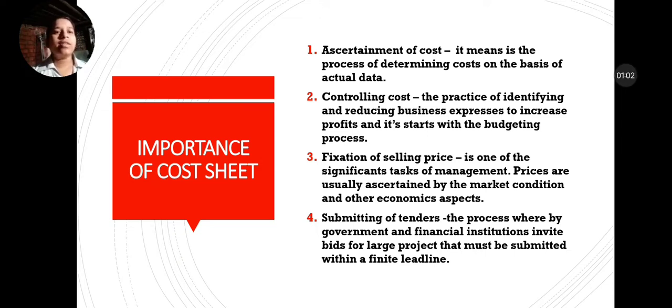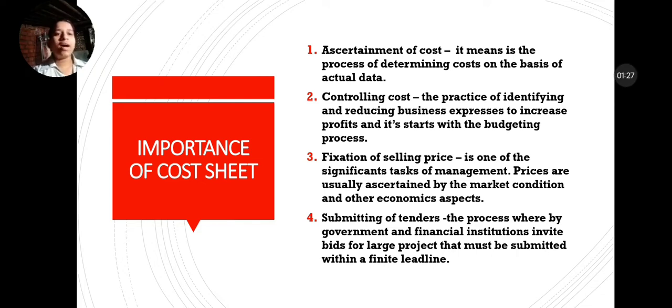First is ascertainment of cost. It means the process of determining cost on the basis of actual data. Next is controlling cost, the practice of identifying and reducing business expenses to increase profit, and it starts with a budgeting process. Fixation of selling price is one of the significant tasks of management.